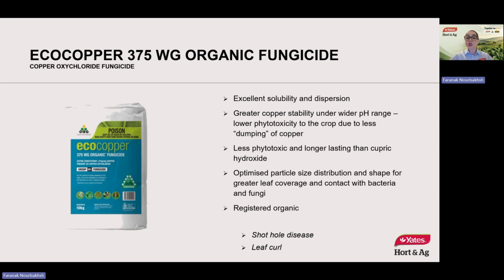It's registered for shot hole disease and leaf curl in almond, and it has excellent solubility and dispersion. It has great copper stability under a wide range of pH, and the particle size distribution creates great coverage on foliage, so it can easily contact the destructive bacteria and fungi to be effective.